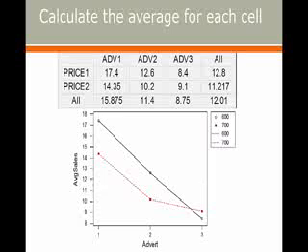As we did previously, I will put my 3 levels, my factor B: advertising 1, advertising 2, advertising 3. For advertising 1, and price 1, I am all the way at 17.4. Advertising 2 at 12.6. Advertising 3 at 8.4. Similarly, I will do it for price 2, which starts at 14, then 10.2, and 9.1.